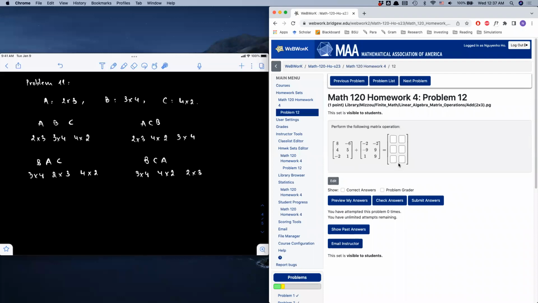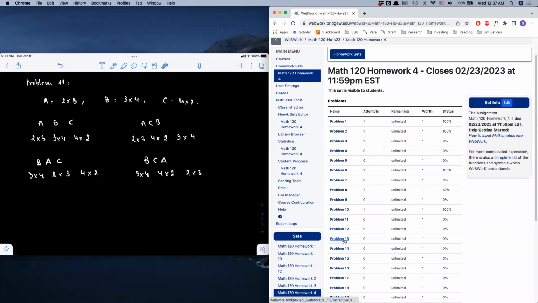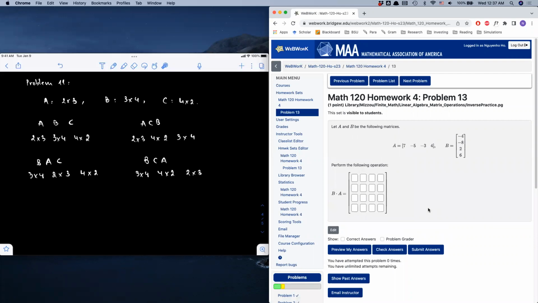So this is matrix addition. Hopefully it should be easy enough for you to do. So number 13, this is a matrix product as well, matrix multiplication. So I'm going to leave it to you. But try to analyze the dimensions here.